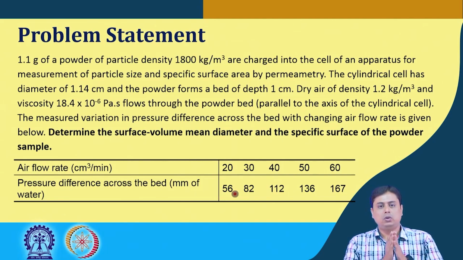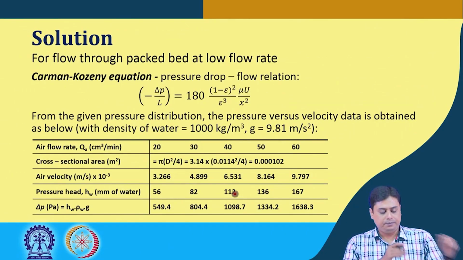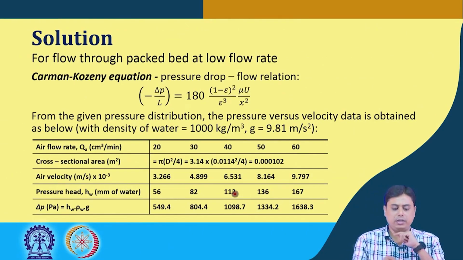So there we have this Kozeny-Carman equation which relates the pressure drop with the superficial velocity of that fluid. Here the fluid is the gaseous phase, or the air, of known density and known viscosity.